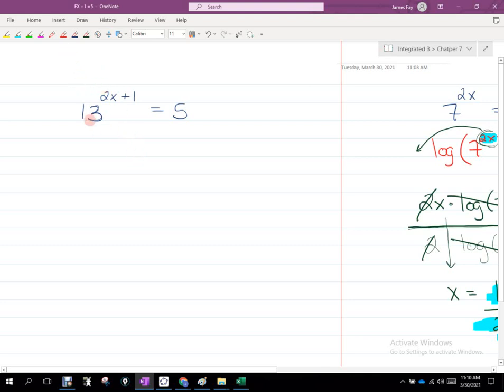So basically all I'm going to do is write the word log in front of the left-hand side. So log in front of 13 to 2x plus 1. And log on the right-hand side. Log 5.